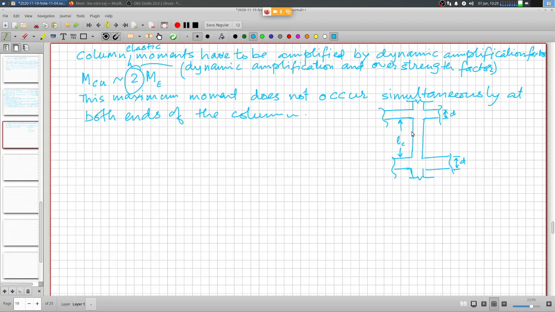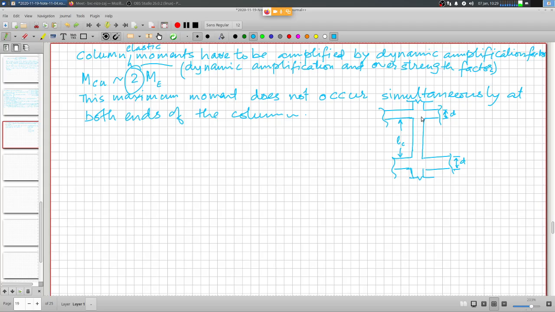Now at this end and at this end, the maximum moment capacity that we have determined, including dynamic magnification, will not happen simultaneously. It cannot be that this end will be subjected to the maximum moment expected here, and this end will also be subjected to the maximum moment at the same instant of time.